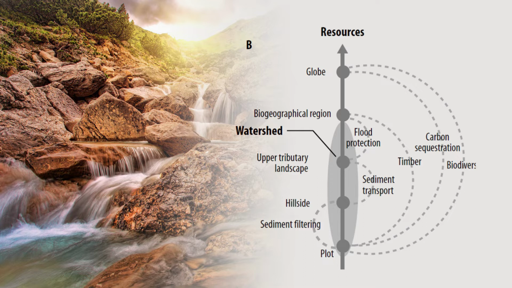When you look into the watershed level, you will have sediment transport, then flood protection, then it produces timber, and if you look into the global perspective, the ecosystem function of this watershed is carbon sequestration value, then biodiversity.